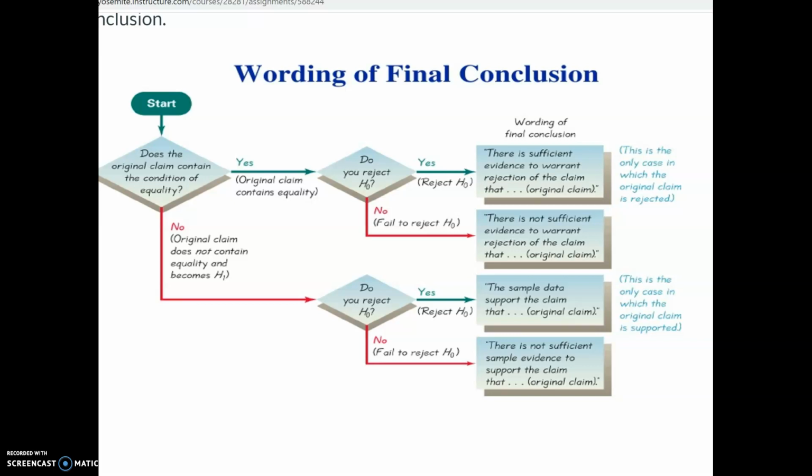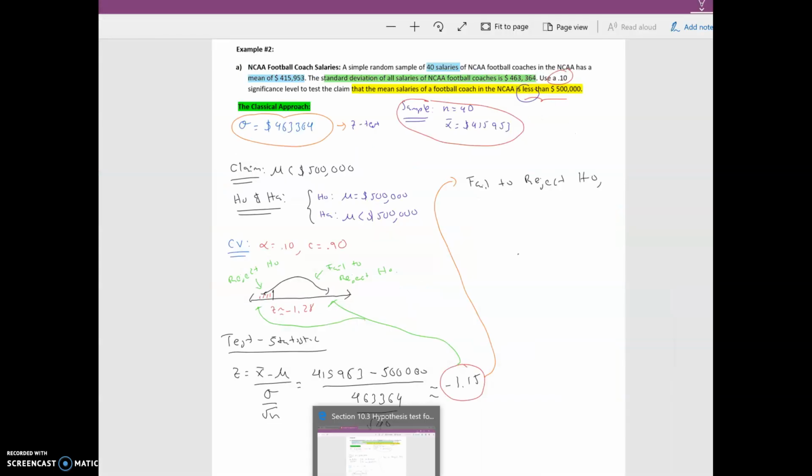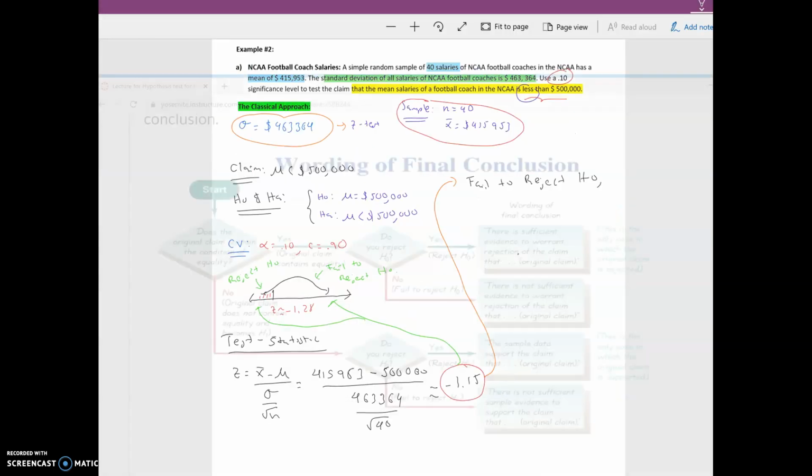There is not sufficient sample evidence. So let me write it here. Fail to reject H0.